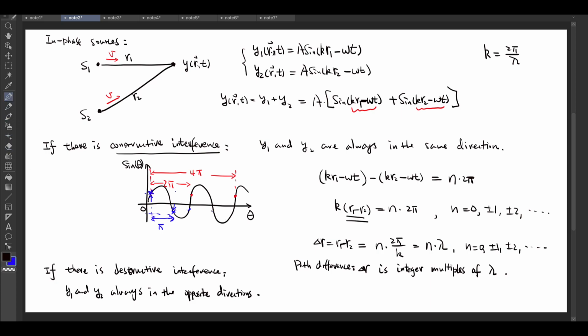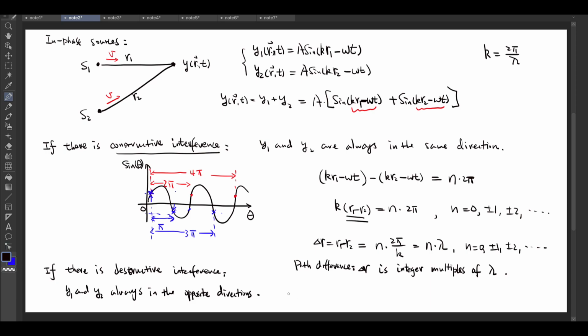Should be this point. Okay. And then the distance between them is this pi plus 2 pi, right? So we have 3 pi distance from the first point. And we can summarize the condition here.